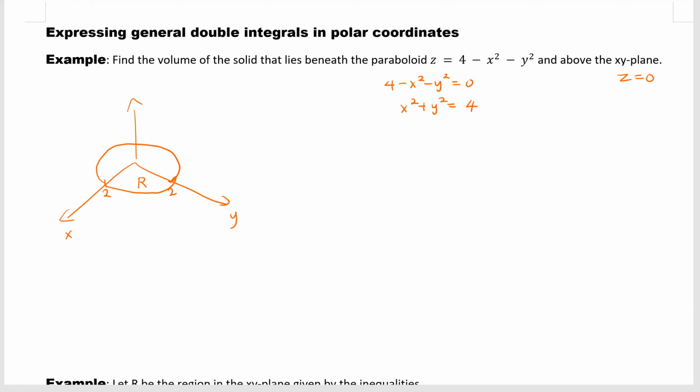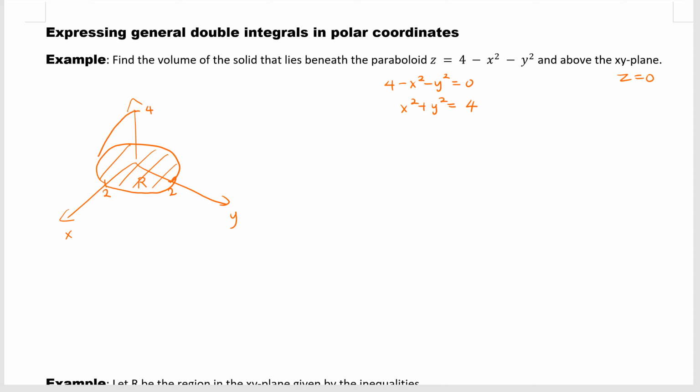Okay, the region R on the xy plane. And the paraboloid, what's the highest z we can get? You can see it's open down, right? The coefficients of x squared and y squared are negative, and when x and y are both 0, we have z equals 4.